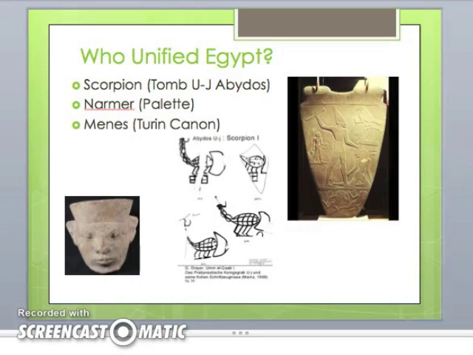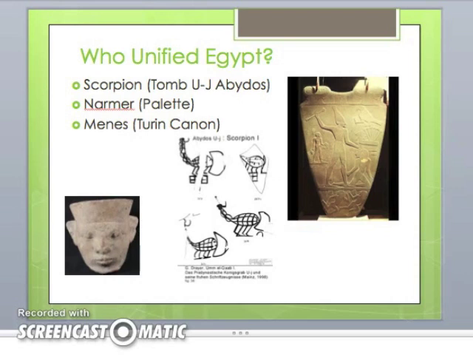We have the name Narmer that comes from a basalt palette, and he has a lot of kingship iconography, so the Horus bird and things like that. And then we also have the name Menes, which comes from the Turin Canon, and the Turin Canon is just a list of names of kings that was found in a much later time period in a different part of Egypt, but has the name of the first king of Egypt as Menes.